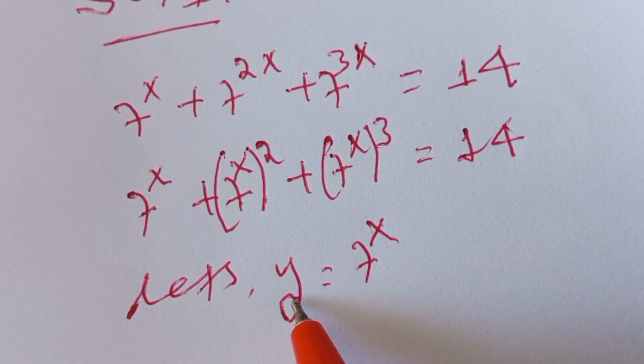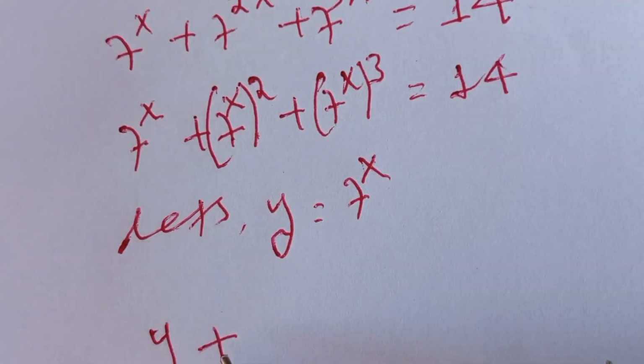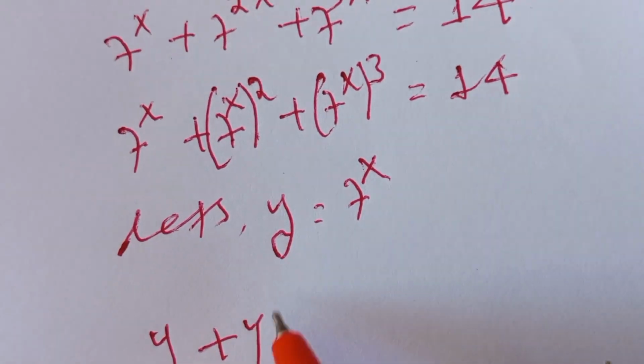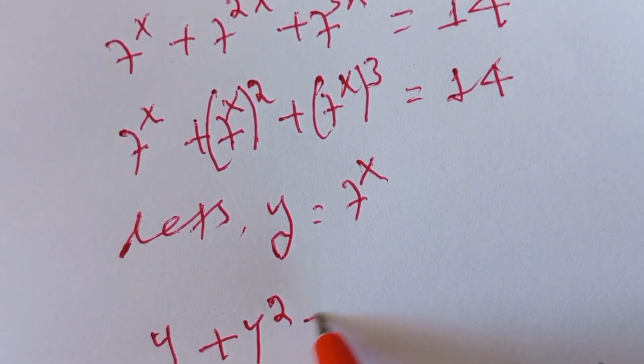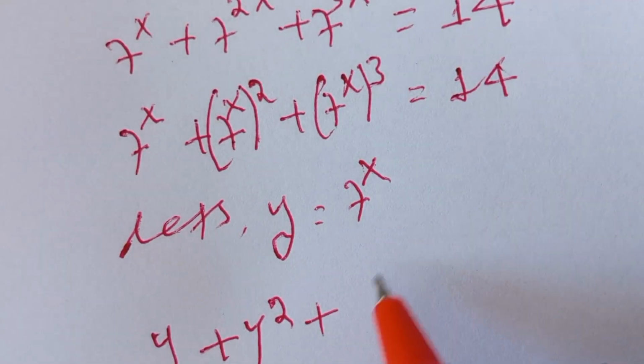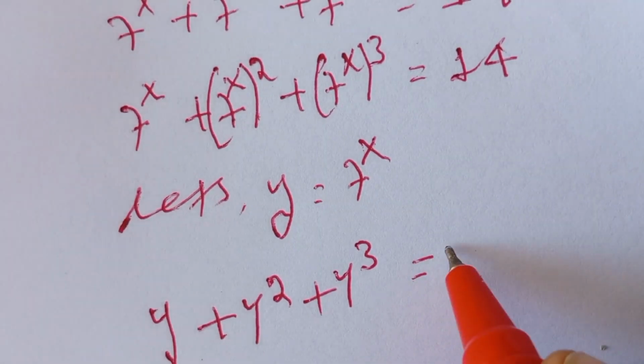Let us substitute this y: y plus y squared plus y to the power of 3, which is equal to 40.